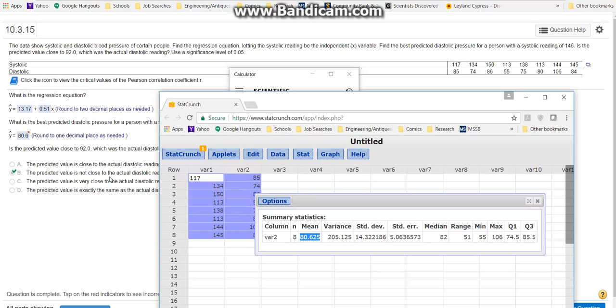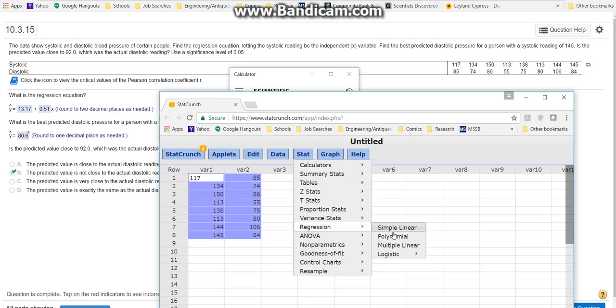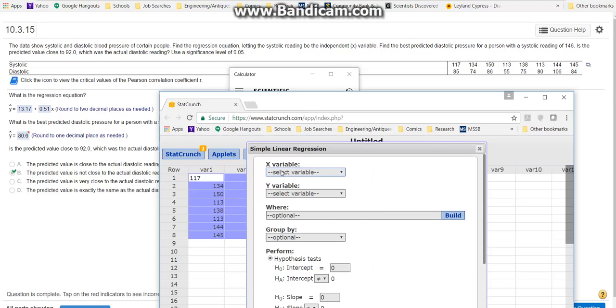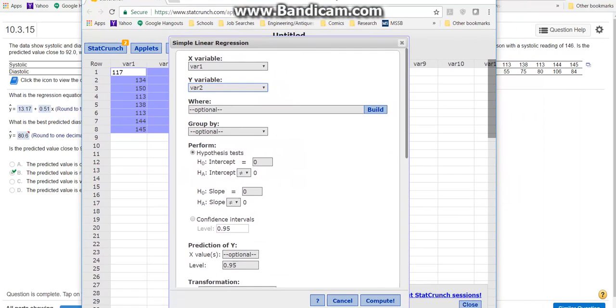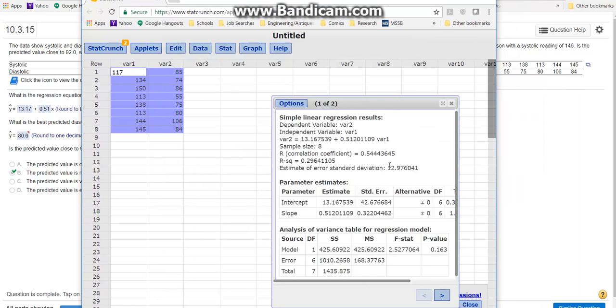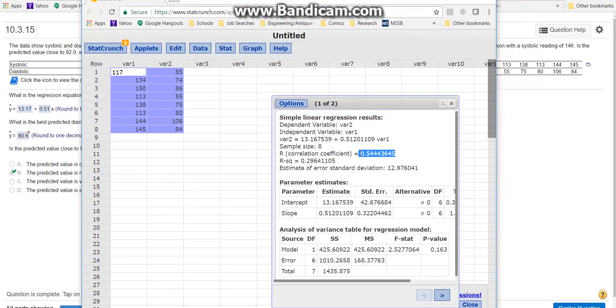Now, you're probably asking yourself, well, wait a minute, David. How do I know if the regression is bad or not? And here's how you can do that. Let's go back to Simple Linear and rerun the regression calculation one more time. And again, remember, here is the R squared right there.